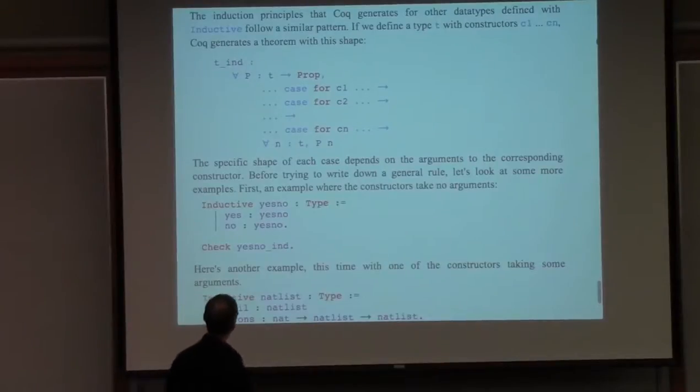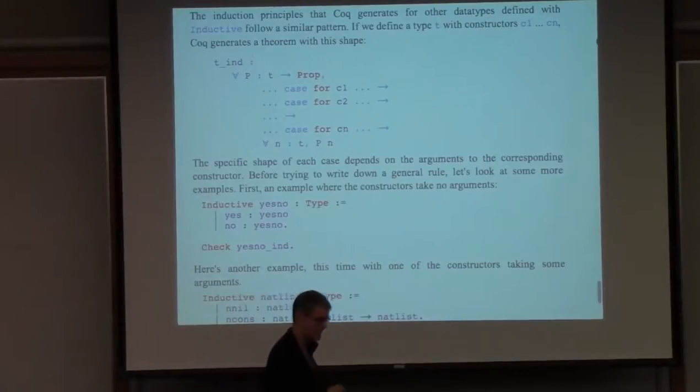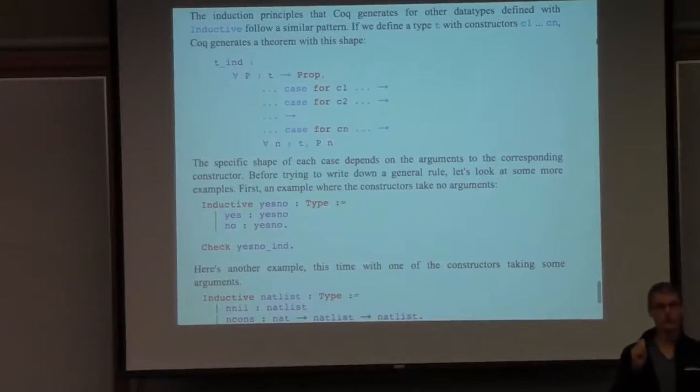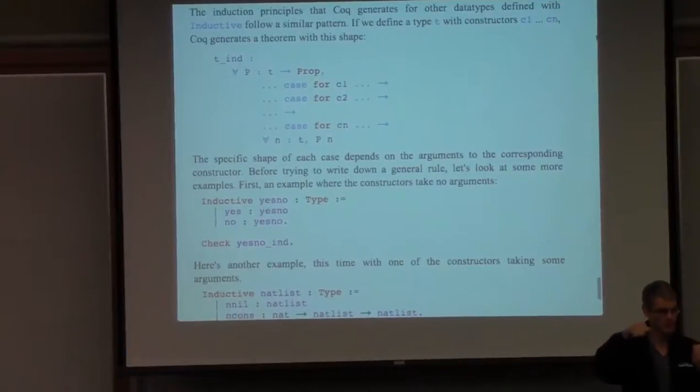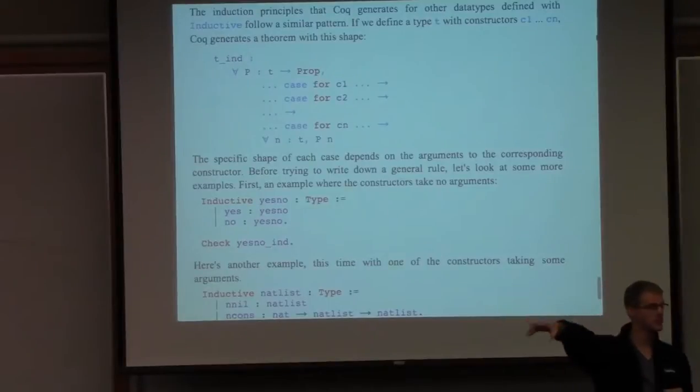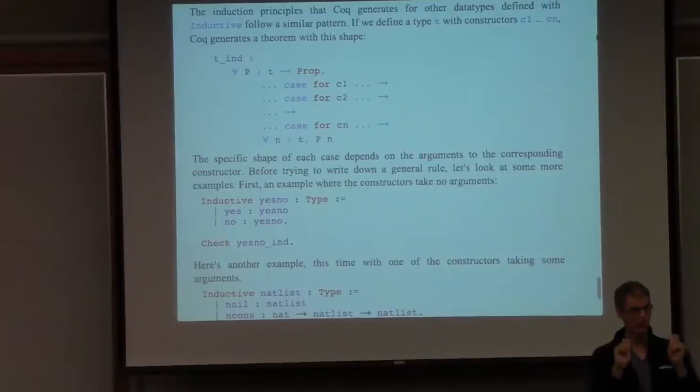And each of the hypotheses says, okay, given some induction hypotheses, prove a particular case of the proposition that we're proving inductively for that constructor.